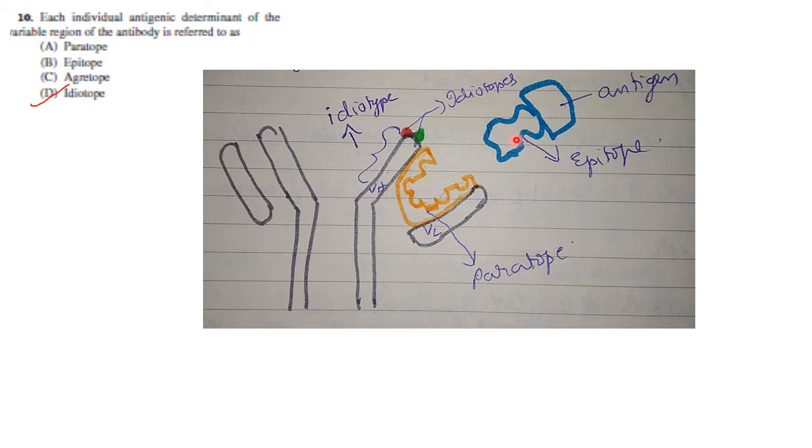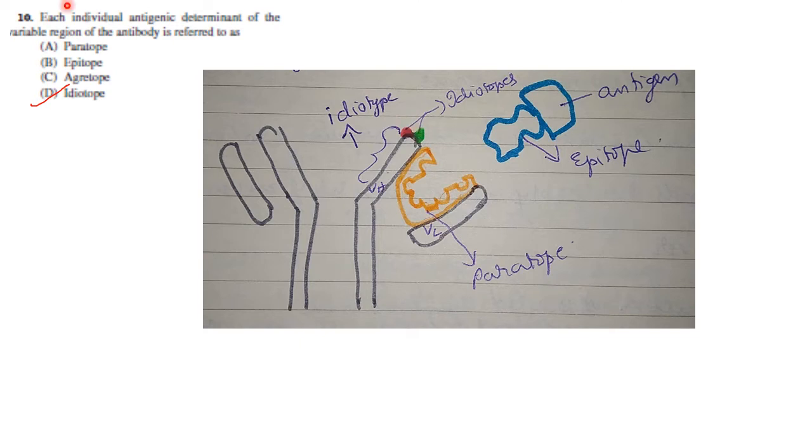Then agretope is the region of the peptide that interacts with the MHC molecule. And idiotypes are markers on the variable domain of antigen-specific immunological receptors recognized by anti-idiotypic antibodies or T cells.